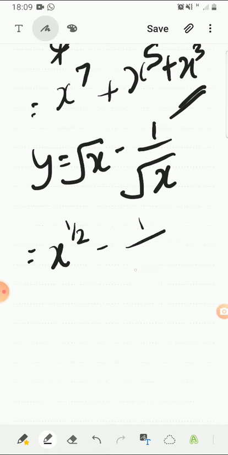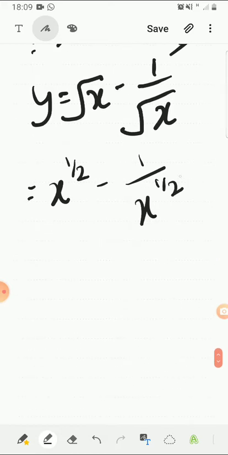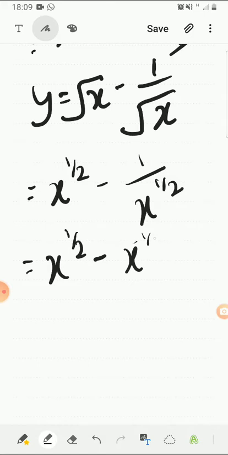Then you have the same thing here. You can take this one upward. x raised to the power of half becomes x raised to the power of minus half, because when x comes up, the inverse becomes negative.